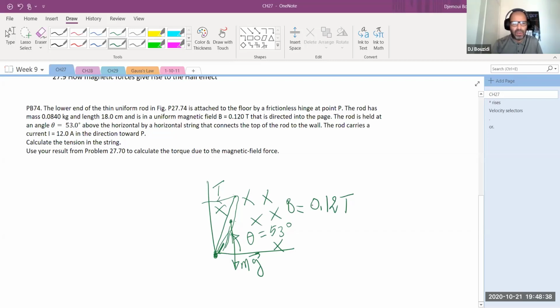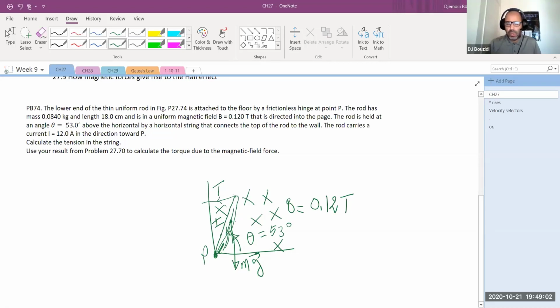The other thing that is also given in this problem is a current, and we have to have a current for this whole thing to work. The rod carries a current I in the direction towards P, and P I think is the pivot point, where the hinge is. So there is a current I going this way. That's roughly the drawing we have in the book for this problem.